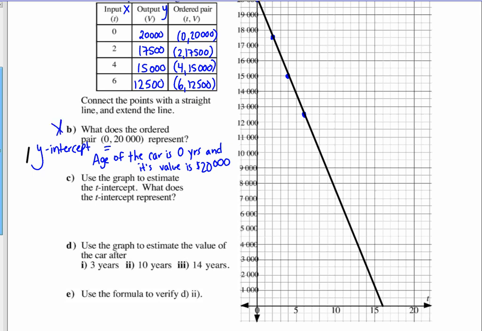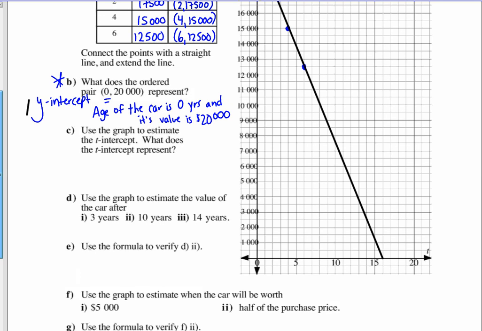Okay, so that's a really important part of the lesson here, understanding that intercept. So use the graph to estimate the t-intercept. Just a side note, we could have also called b a v-intercept, because it's a value intercept. So what does it look like the t-intercept will be? About 16 years.